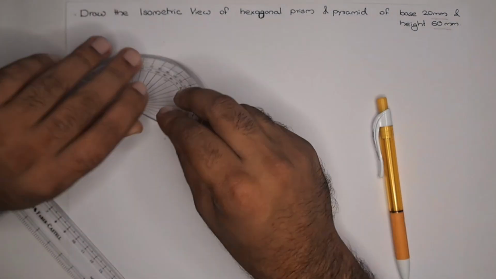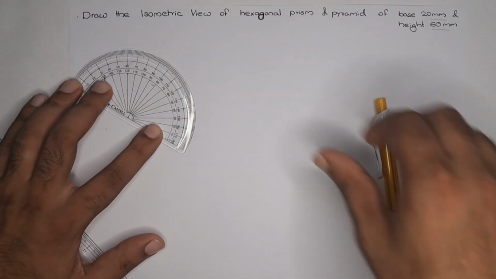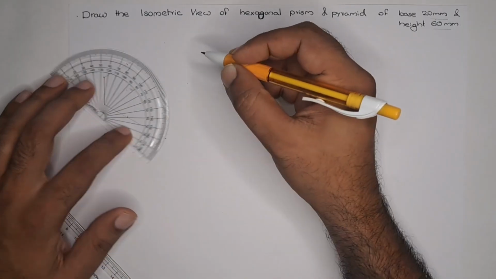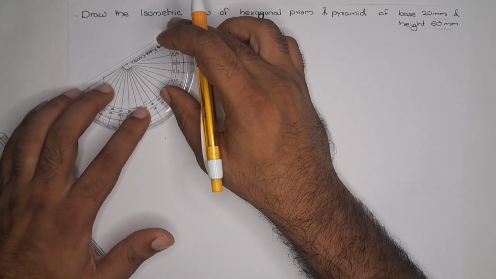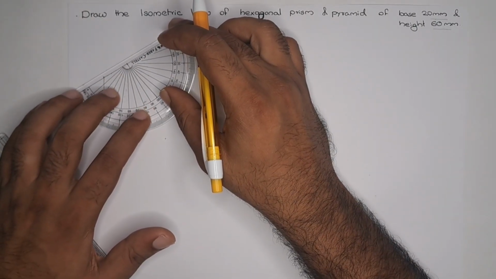Now we repeat the process. We take the 120-degree angle from both ends again and connect the lines.